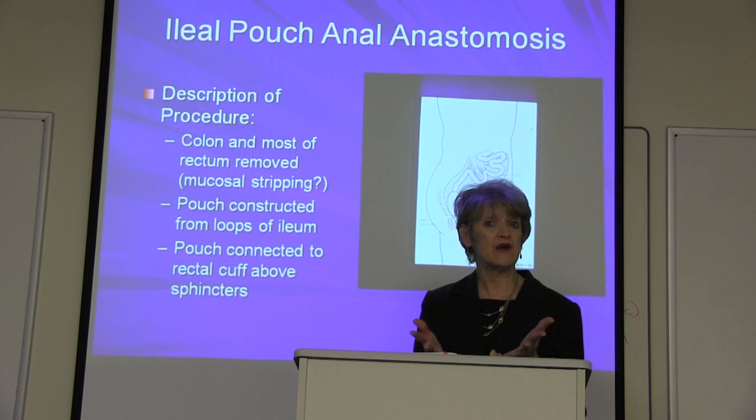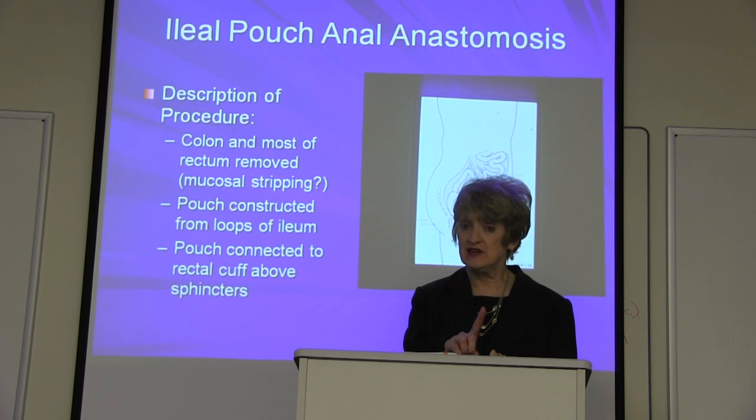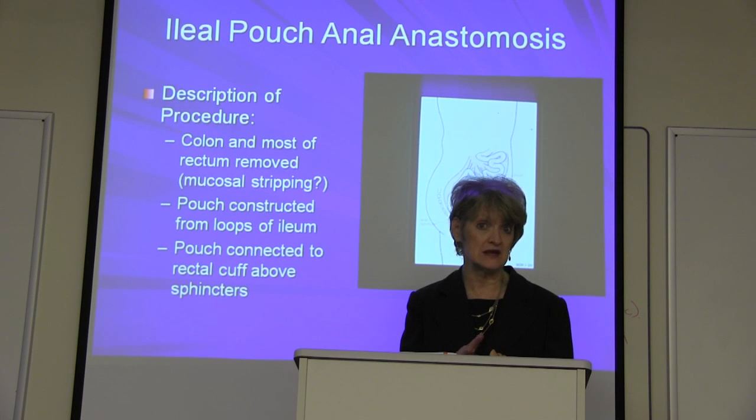There are two schools of thought. Some surgeons will actually strip out the mucosa to eliminate any potential for recurrence. The positive is you eliminate any potential for recurrence. The negative is the additional manipulation right there just above the sphincter mechanism can cause increased problems with continence, especially early post-op.